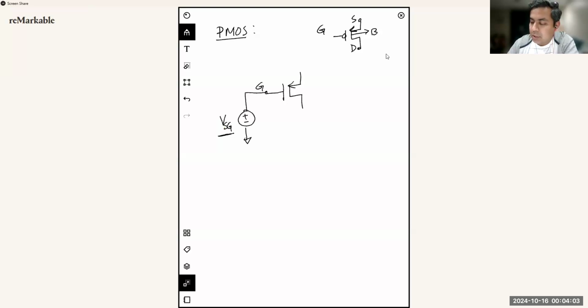You can do that, or you can choose the polarity of the voltage source, minus on the above and plus on the ground, and then call it VGS, which basically means you are applying a negative voltage at the gate terminal. And then you have your body and source tied together.